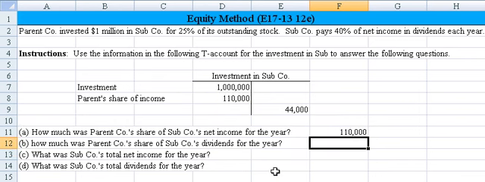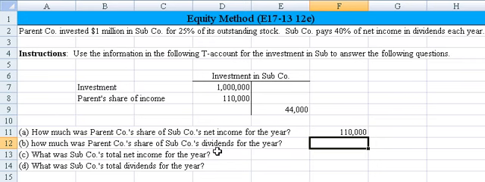B says, how much was parent company's share of sub company's dividends for the year? Well, another point to recognize with the equity method is that when you receive cash as a dividend, you're essentially reducing your investment in the sub account. You're replacing the investment with cash.